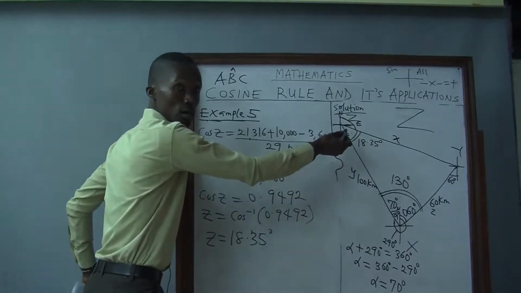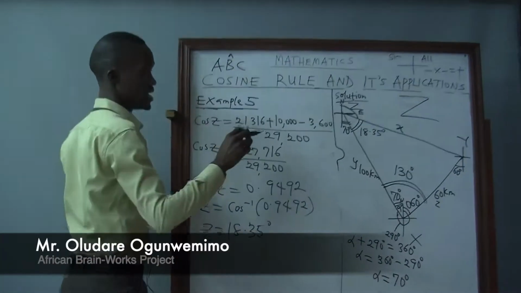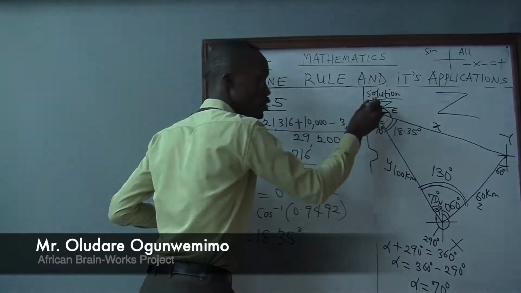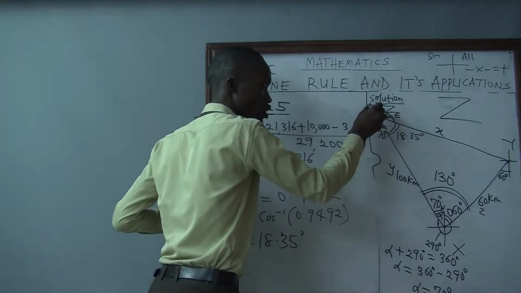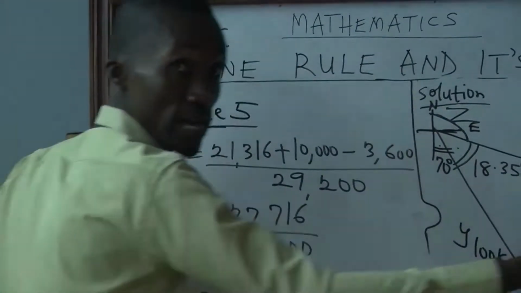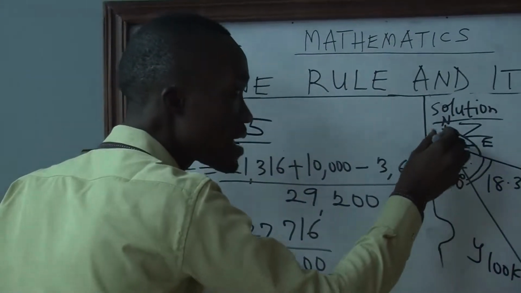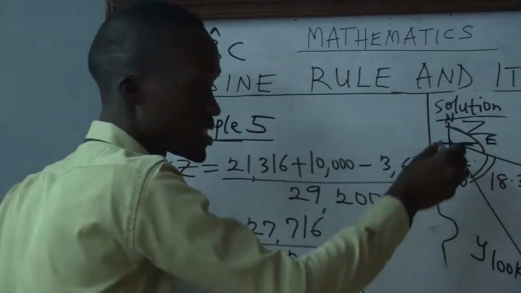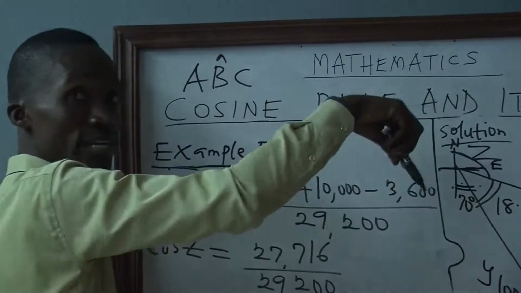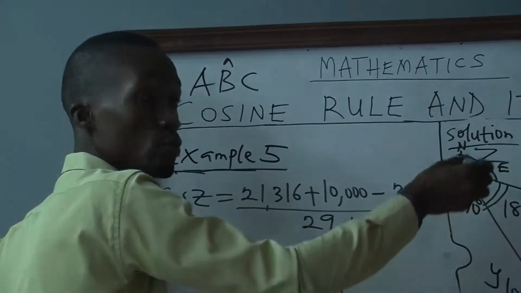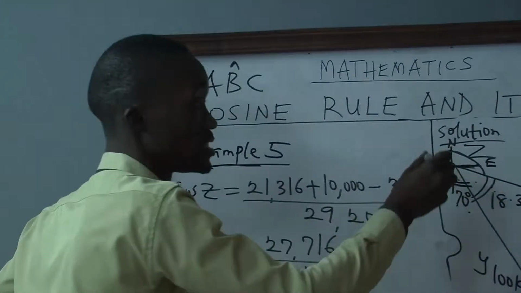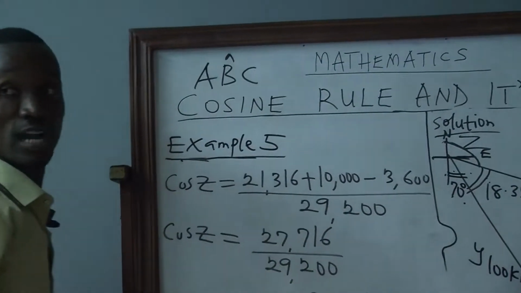This angle. But I said something earlier that the bearing of y from z is the angular measurement. We have to take the angle from this north pole to the line that connects y and z together. But from here, taking it from here to the south pole, we have a straight line. And angle on a straight line is 180. So to get this, we just add these two and remove it from 180. That is what will give us this angle that we have left.